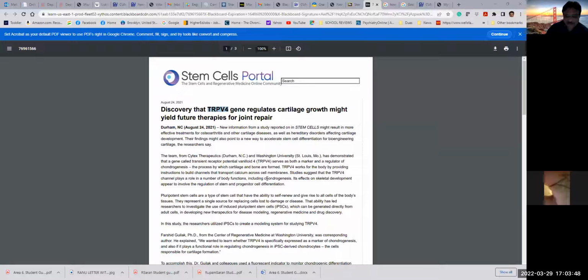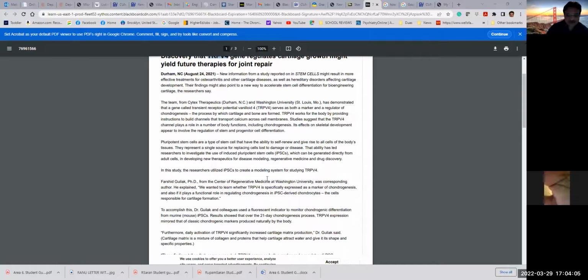This particular gene, the TRPV4 gene, if it is given to a person with chronic arthritis, can trigger the development of cartilage. And as we know, cartilage is important for the mobility of our knee or ankle, and that is the major site of degeneration due to arthritis or any ligament break.